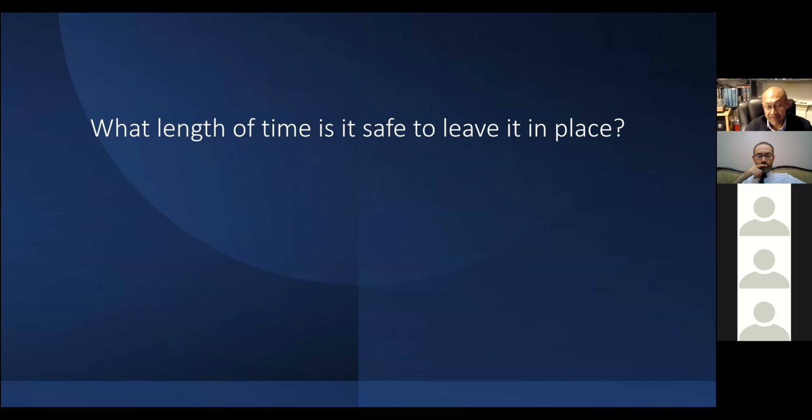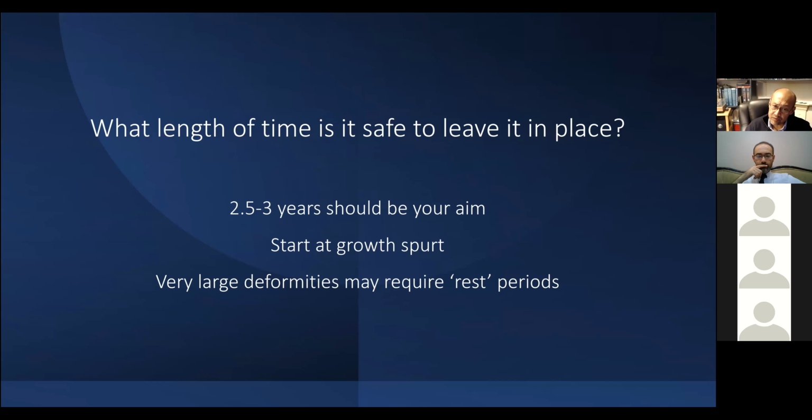How safe, or how long, can you safely leave this device, this plate, in place before you run the risk of creating a permanent tether? Generally the advice should be around 2.5 to 3 years, no more than that.